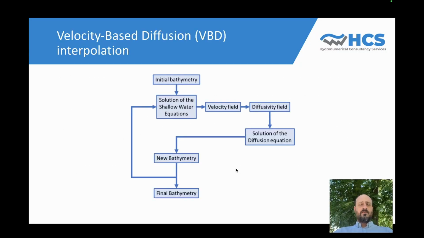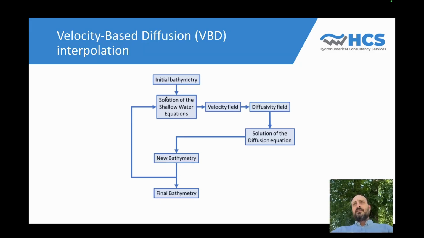Basically, this works like this. We have an initial bathymetry, which can be very simple, such as just a constant value throughout the domain. We first solve the shallow water equations with that bathymetry. We then get a tentative velocity field, and we use that velocity field to compute the diffusivity field. That diffusivity field, which I will explain in a minute, is used in the diffusion equation to interpolate the bathymetries, or to spread the bathymetric data throughout the domain, which leads to a new bathymetry, a new field of bottom elevations.